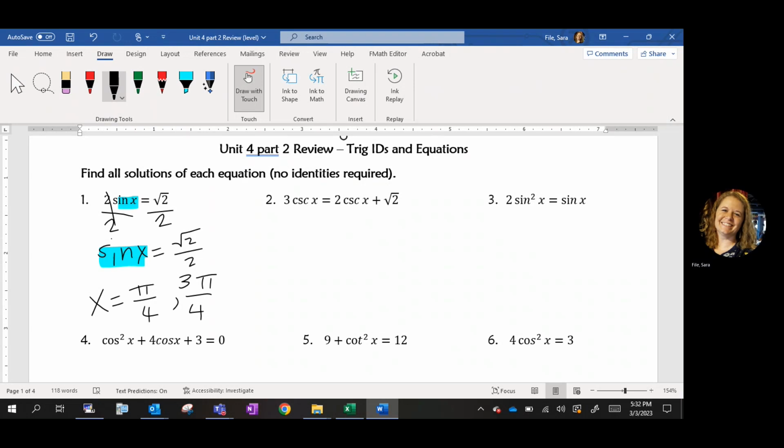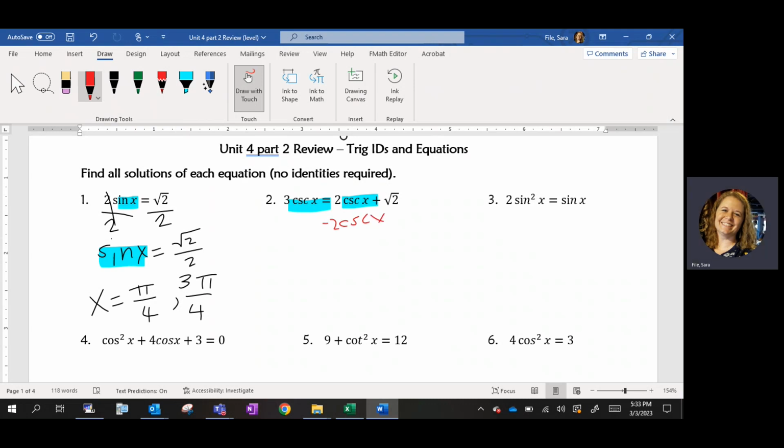Okay. Number 2, we've got cosecant of x on both sides of the equation. It's the same trig function, but to be able to combine it, we need to get them to the same side. So I'm going to take the 2 cosecant x from the right and move it over by subtracting.